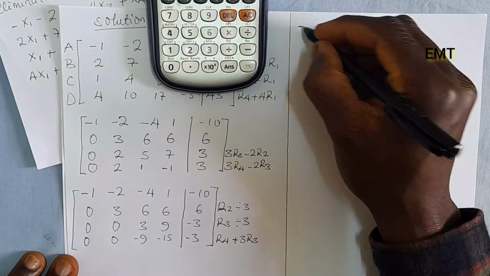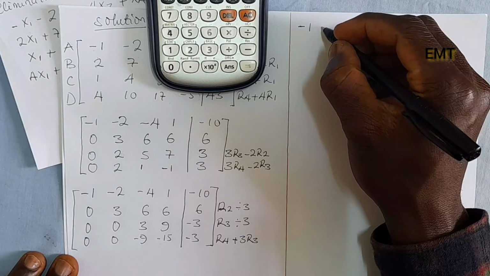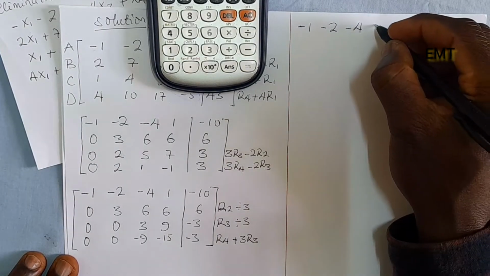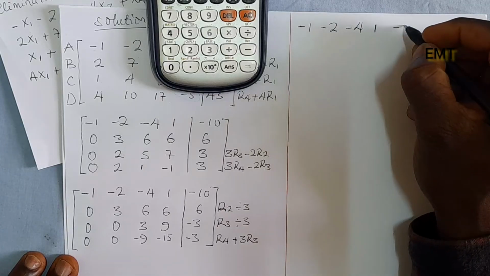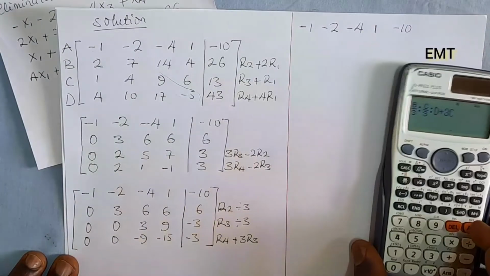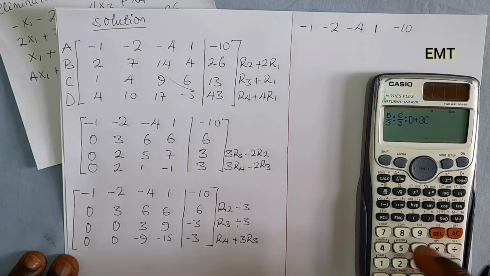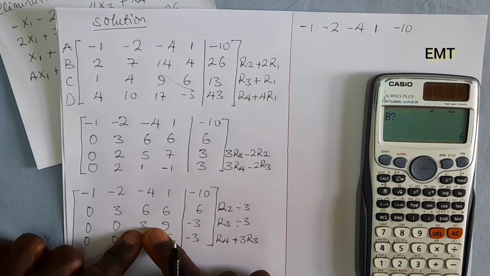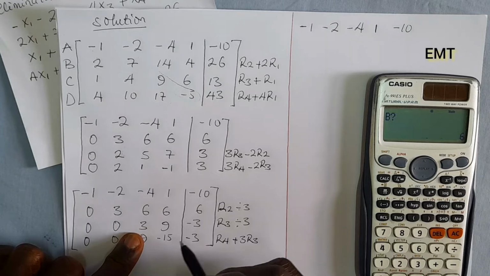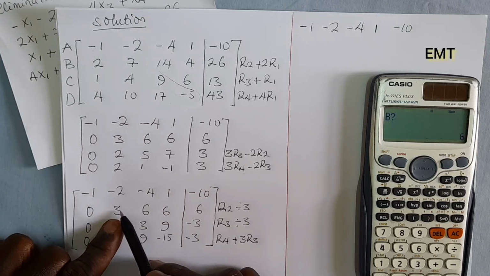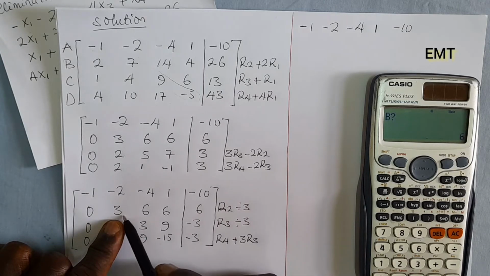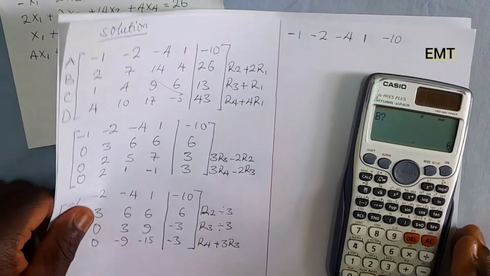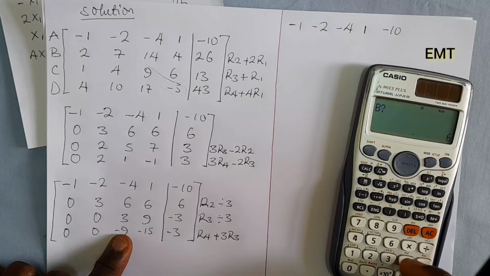For row 1, it will remain the same because it's not going to change. There was no operation on it. But we're asking the calculator to calculate for us when B here is, this is B for row 2. This is the row we want to work on now. It's actually 3.